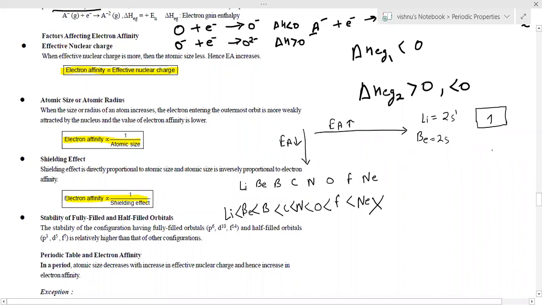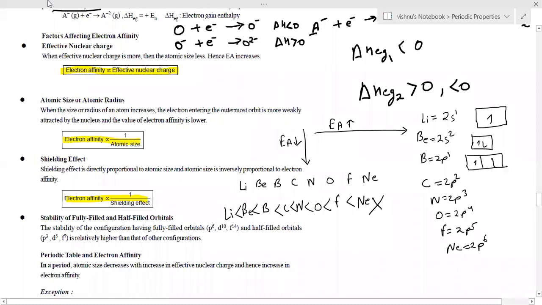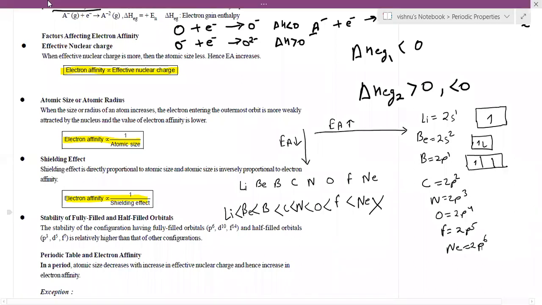Beryllium 2s2, boron 2p1, then carbon 2p2, nitrogen 2p3, oxygen 2p4, fluorine 2p5, and neon 2p6.